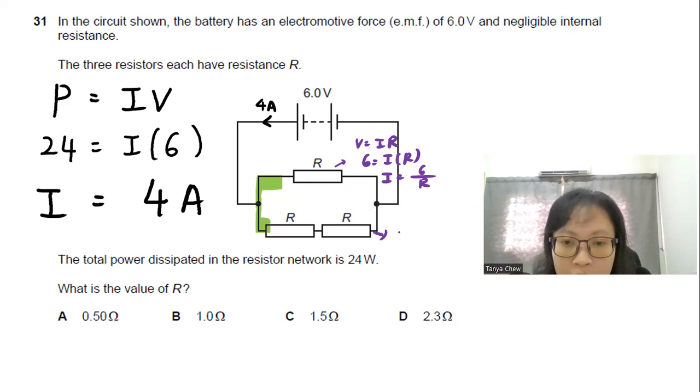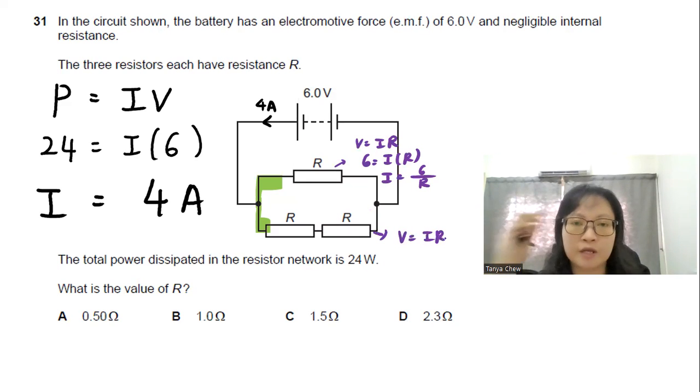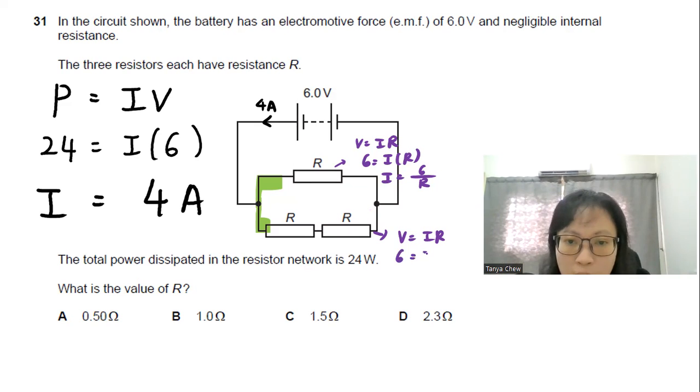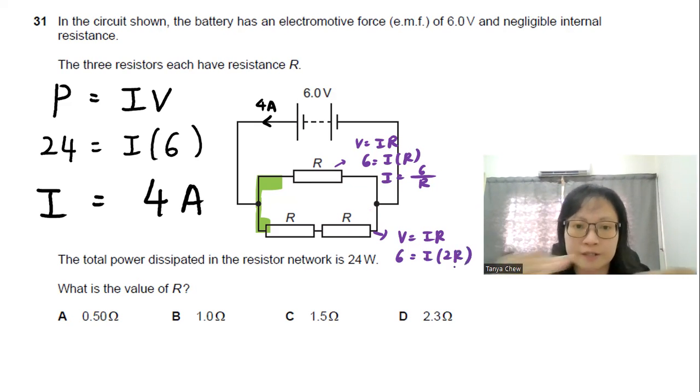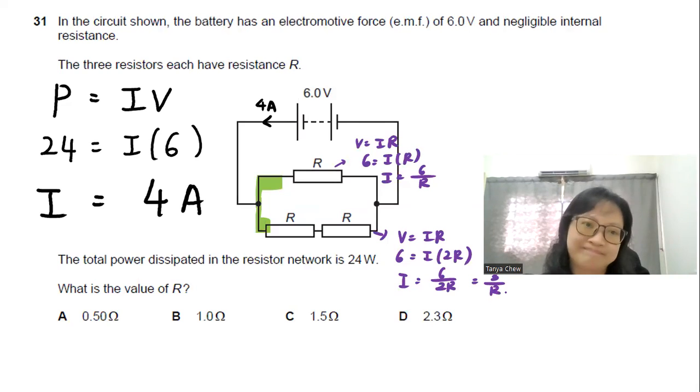Here, V is equal to IR. Since they are connected in parallel to the EMF, the potential difference across them will be the same. 6 is equal to I times 2R because the 2 resistors are connected in series. I is equal to 6 over 2R, or 3 over R.